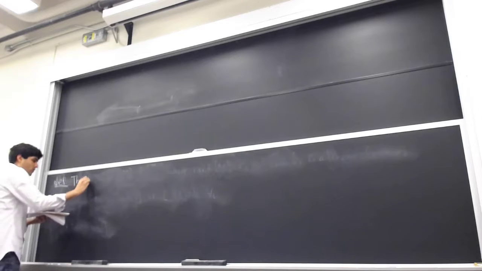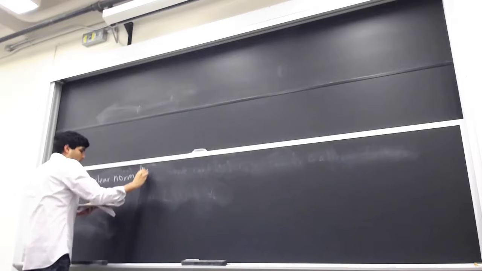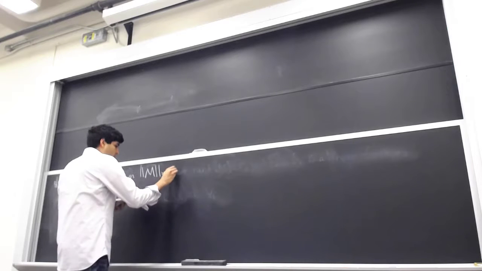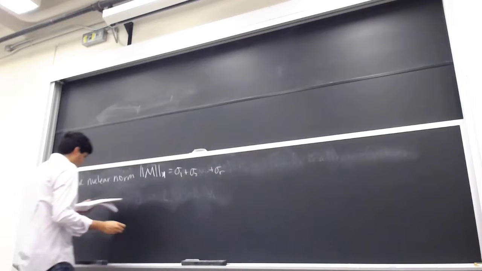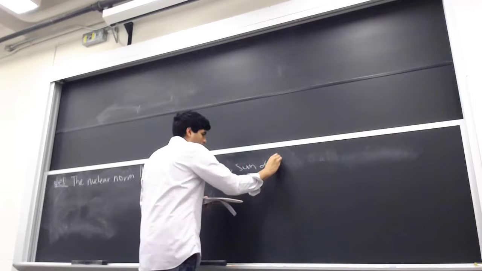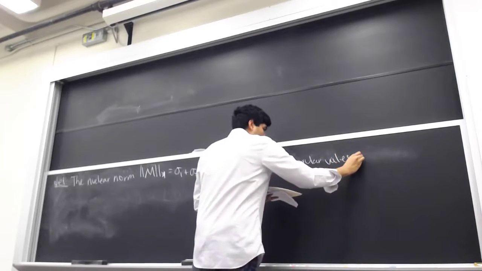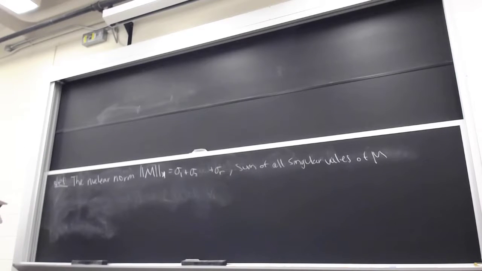All right, so the nuclear norm, which is denoted by this star, is just defined as the sum of the singular values of some matrix. So the way to think about this norm now is it's explicitly replacing L0 with L1, except over the singular values.